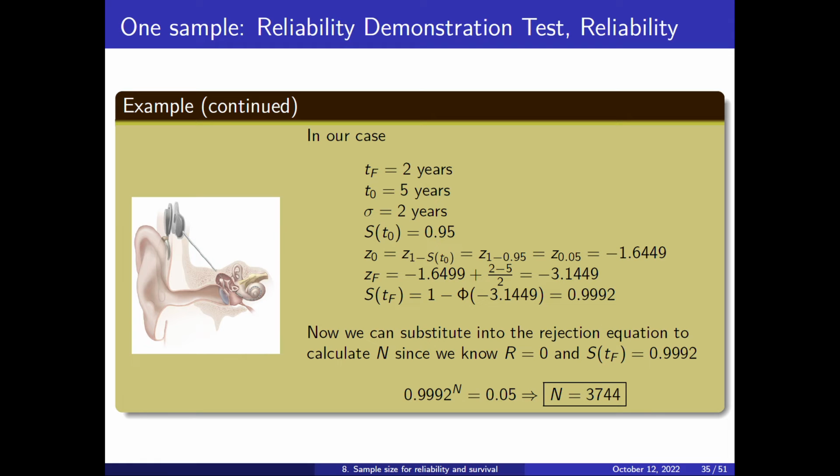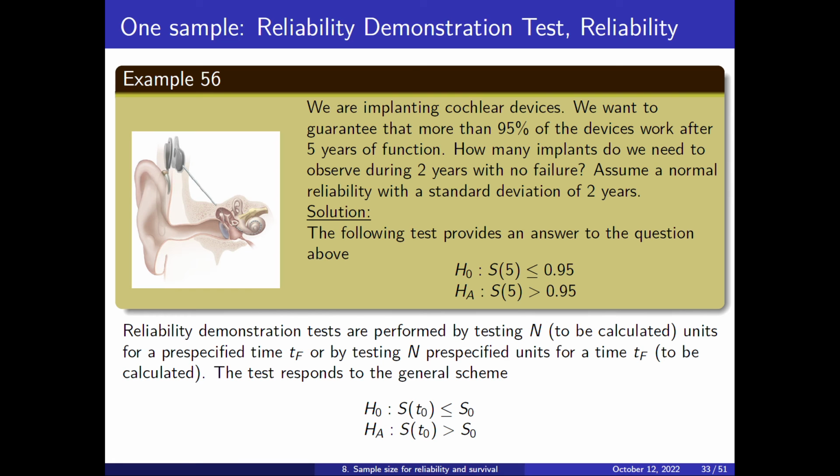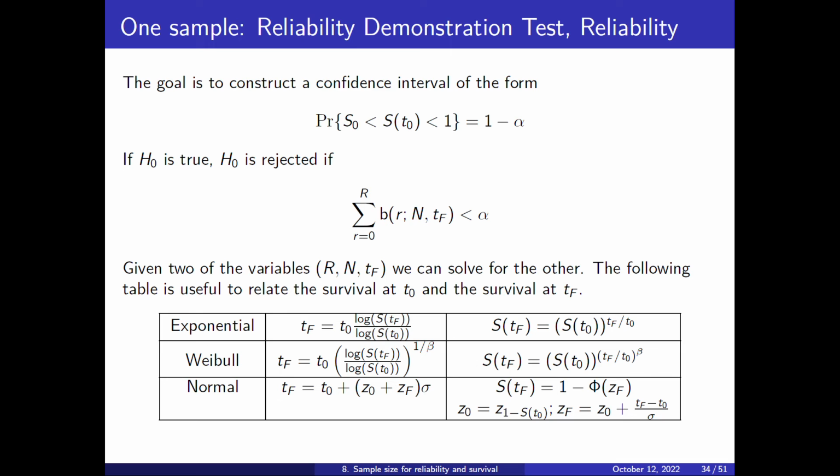And this may look like a very large number, but we have to take into account that most devices will be still working after 5 years. We will observe only for 2 years, so even more devices will be working. Very few will fail, and that is why.